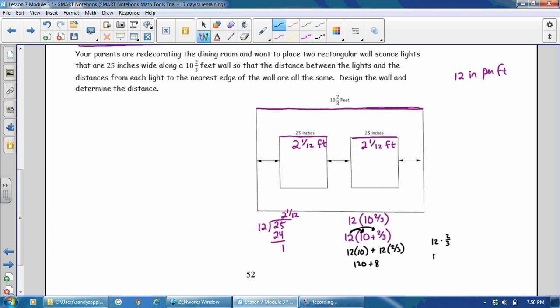That's 12 over 1 times 2 over 3. Simplify first. 3 goes into itself once. 3 goes into 12 4 times. 4 times 2 is 8. 8 over 1 is 8. And so that's 128 inches. So we'll label this. This is equivalent to 128 inches. And now we're free to either use feet or inches for the problem.